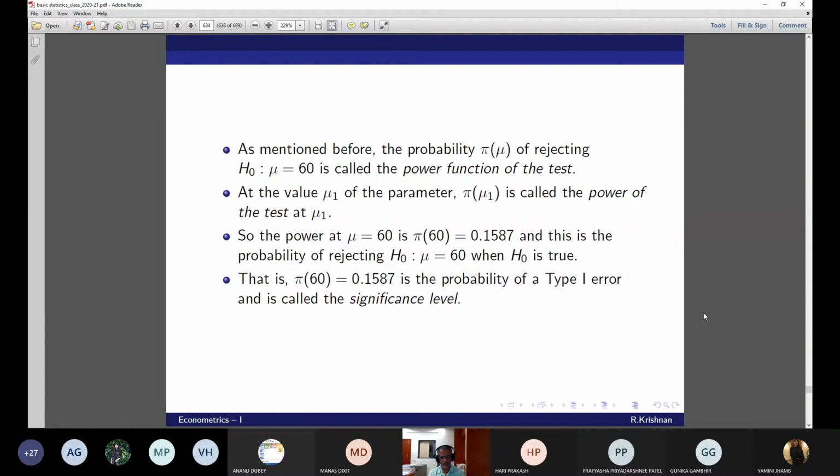When H0 is true, this is the probability of rejecting the null. So this is pretty high, isn't it? It's the probability of a type 1 error, and this is called the significance level. This is called the significance level, what you call alpha in your normal discussion.